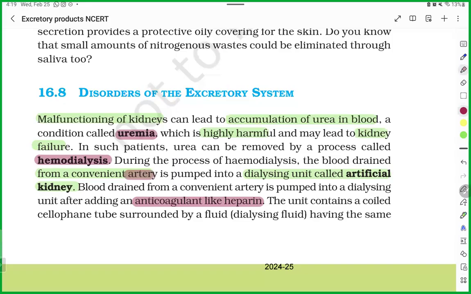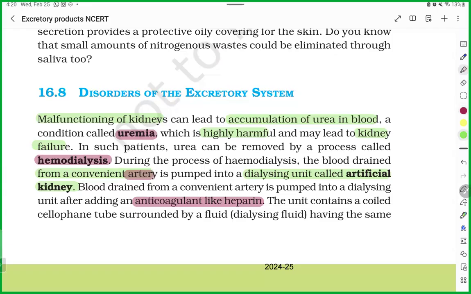Why? Because normally if you add arterial blood into any unit, it will clot. We have to stop clotting, and to stop clotting, we add heparin.